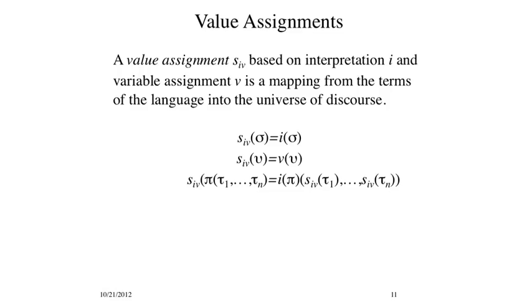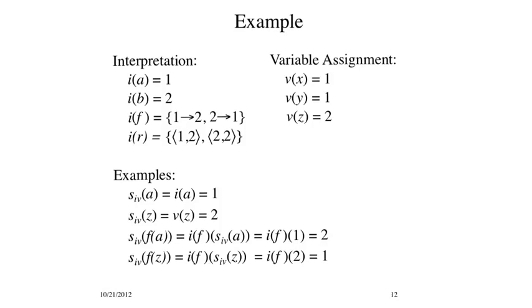Let's see an example. Given the interpretation and variable assignment shown here at the top, we have the following value assignments. The value assignment of the constant a is 1 because that's the value under the interpretation I. The value assignment of the variable z is 2 because that's the value under the variable assignment v.